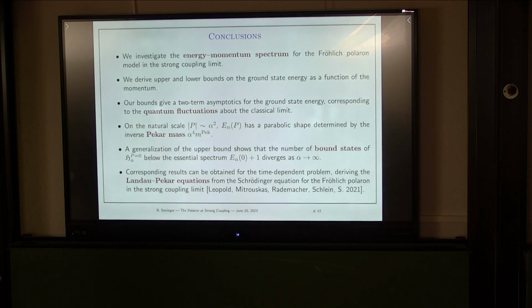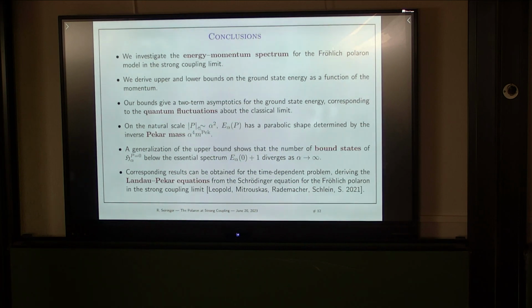So we managed to compute the ground state energy, the two-term asymptotics, up to terms of order little o of 1. In particular, the bounds confirm the expectation that the energy is basically the energy of an effective, much heavier particle, namely one with an effective mass increased according to the Landau-Pekar prediction, alpha to the 4th times this explicit constant.